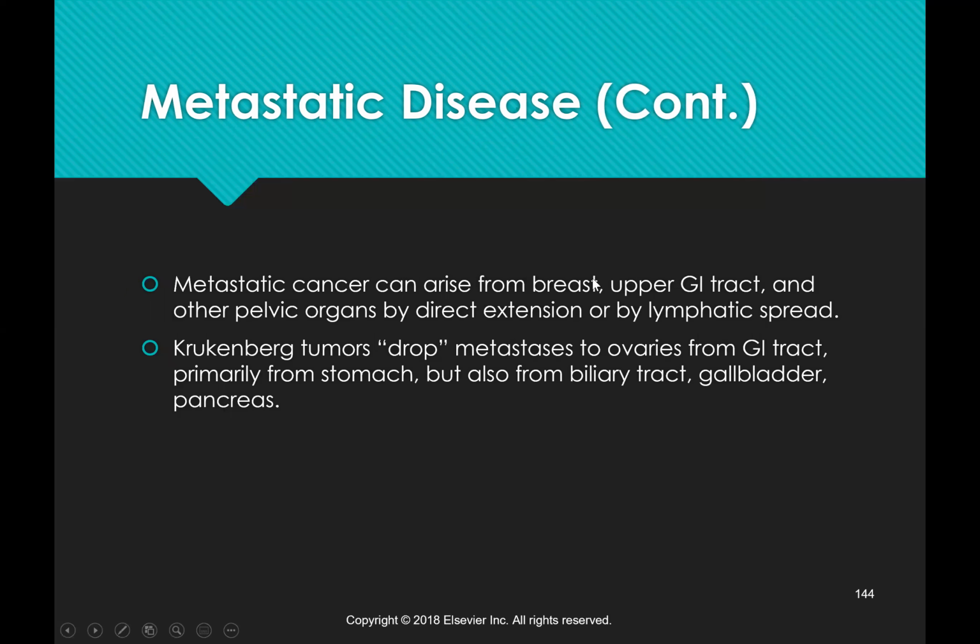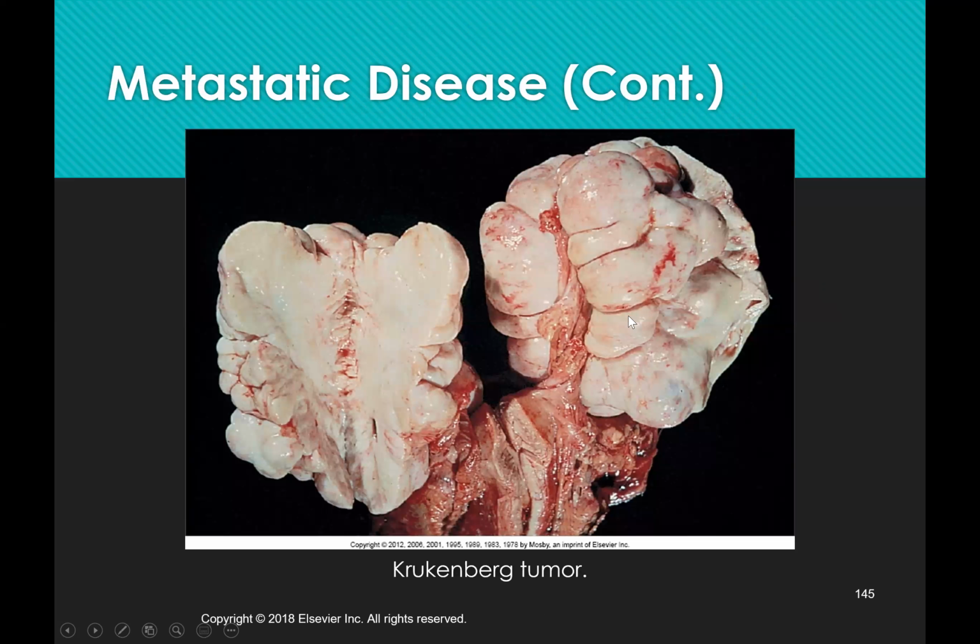So metastatic cancer can arise from the breast, upper GI tract, pelvic organs through lymphatic spread. Krukenberg tumors, which you need to know, drop metastasis to ovaries from the GI tract, primarily from the stomach, but also from the biliary tract, gallbladder, and pancreas. These are the Krukenberg tumors in the ovaries.